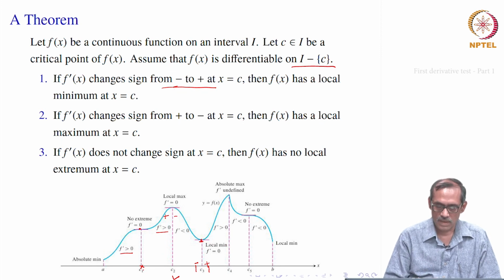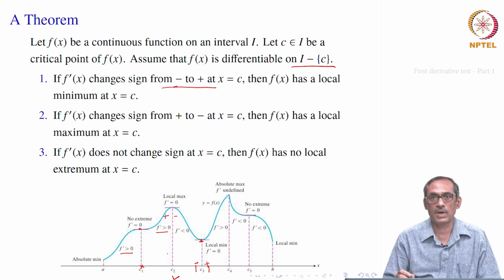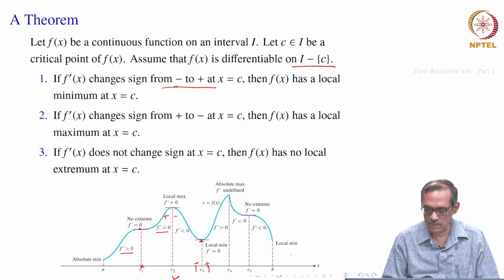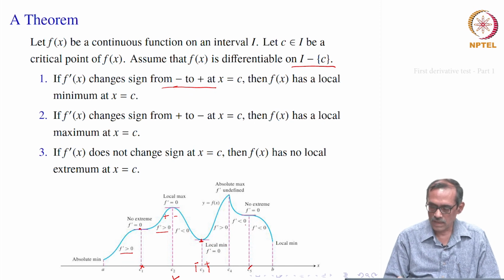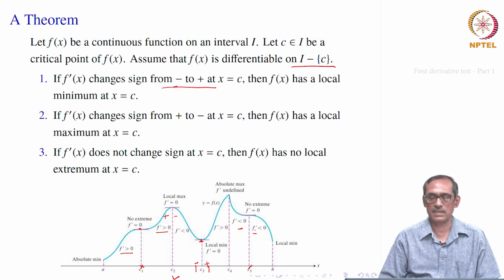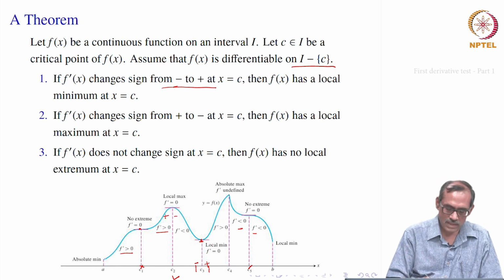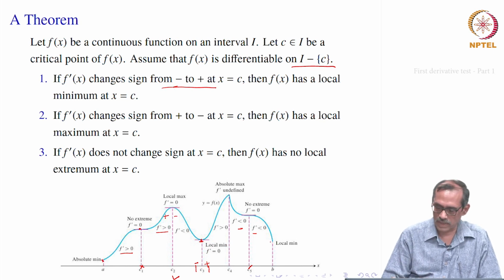So, if it does not change sign at x equal to c, then it does not have a local extremum at that point. Similar thing happens for the other side when we look at the point c5, f prime does not change sign there. To the left of this point c5 it is negative, to the right also it is negative. So, there is nothing. But something we can say about the endpoints which will come later.